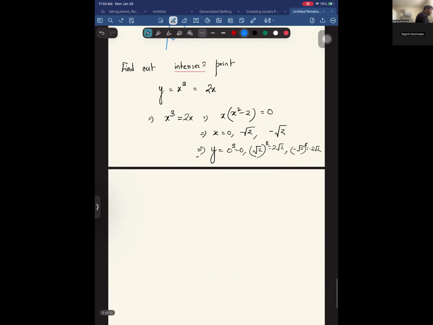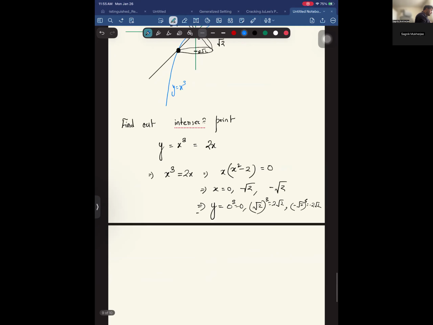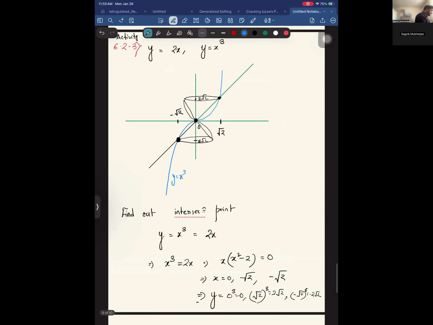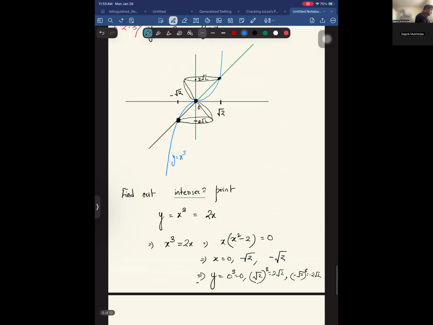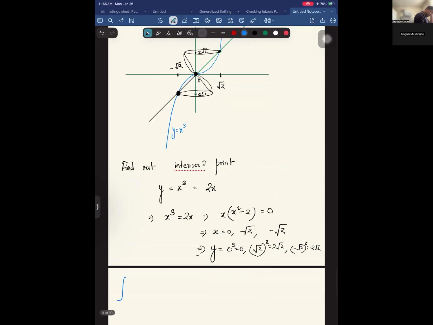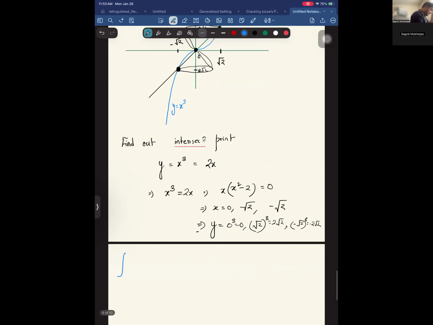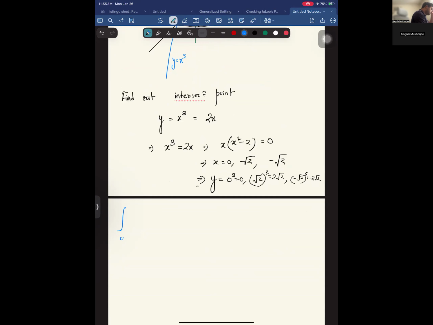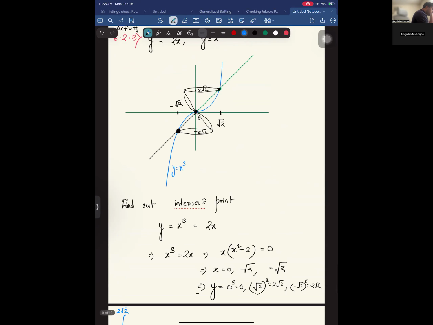So in other words, as you can see, yeah, this is kind of tricky. So this is going to be 0 to 2 square root 2.